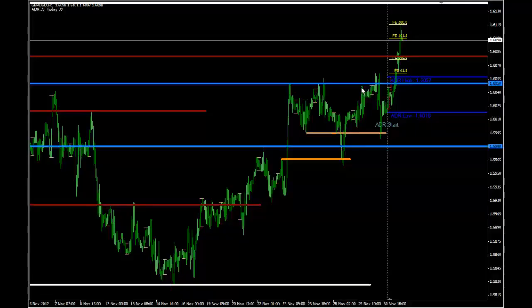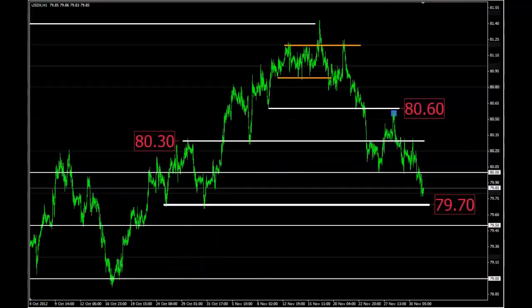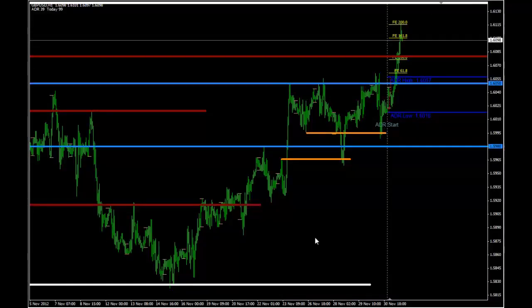At the same time, we expected the dollar to break below its support level, because we have a descending triangle here. So we have symmetry between the two markets. We are looking for the 79.70 level or 79.50 level respectively on the dollar. So if we're expecting weakness on the dollar, it's going to translate into higher prices on the cable, and you see that unfold here.